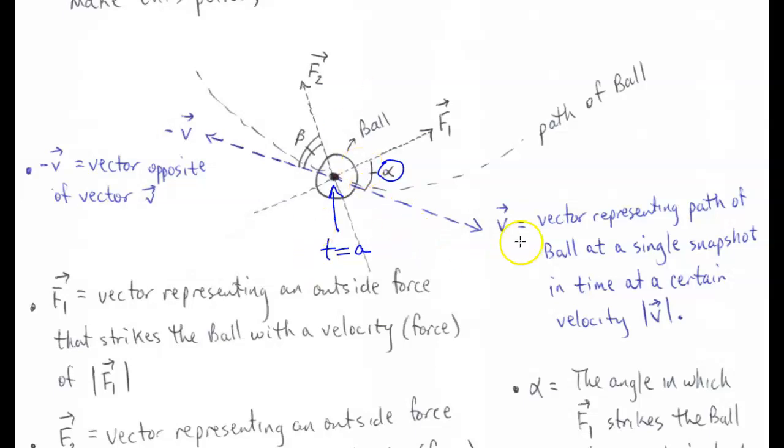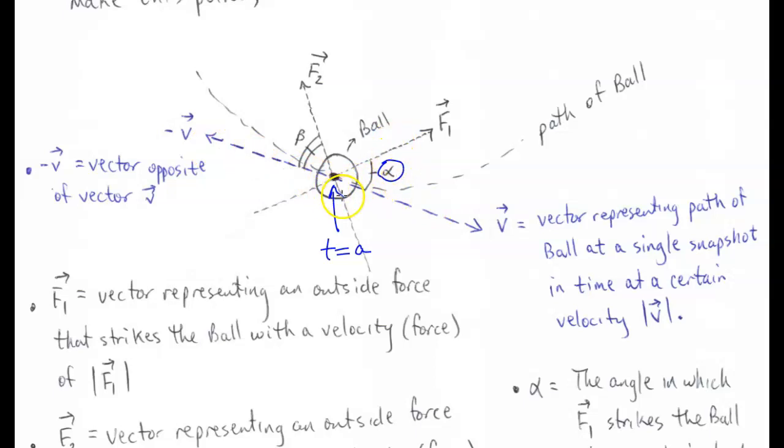So remember, v is the vector at the snapshot in time here. A more formal way to say that is that the direction that the ball is going at that instant is parallel to the tangent line made with this particular path and the line that could possibly represent that vector.